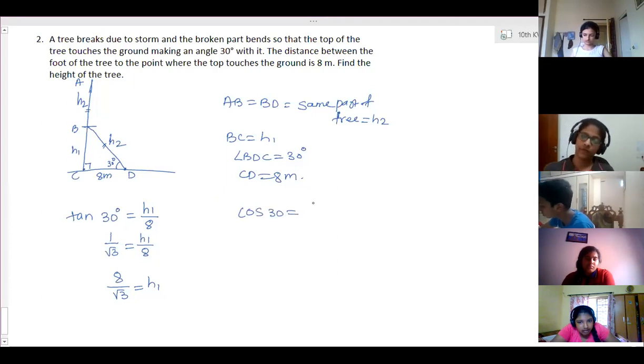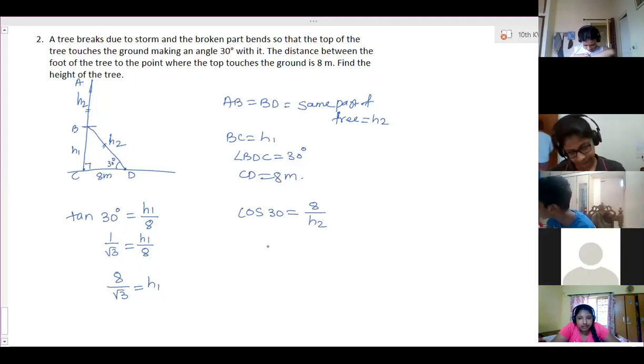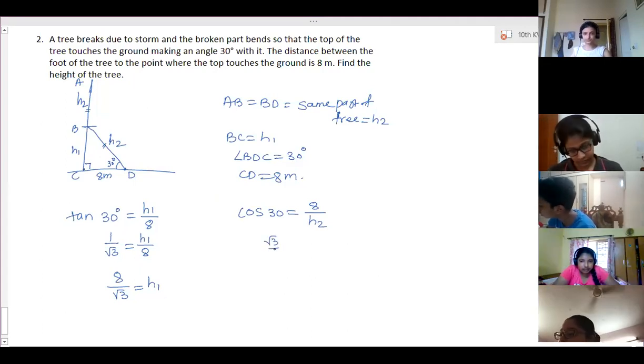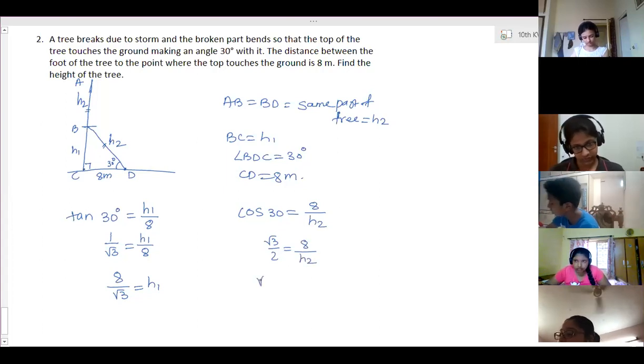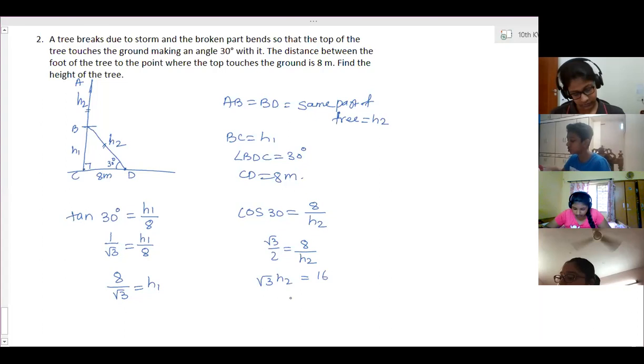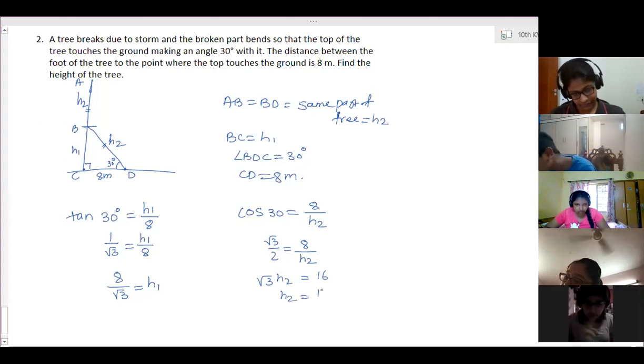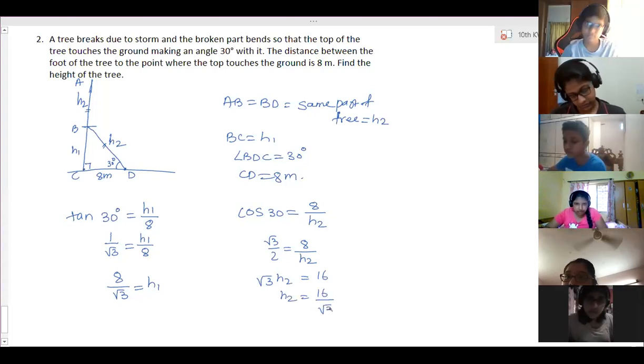Cos 30 is equal to adjacent by hypotenuse. So cos 30 is root 3 by 2. Root 3 h2 is equal to 16. h2 is equal to 16 by root 3.